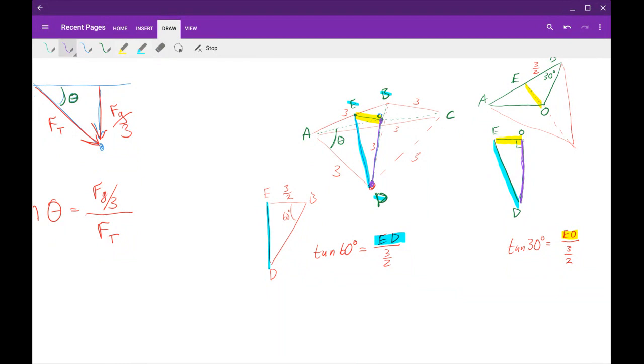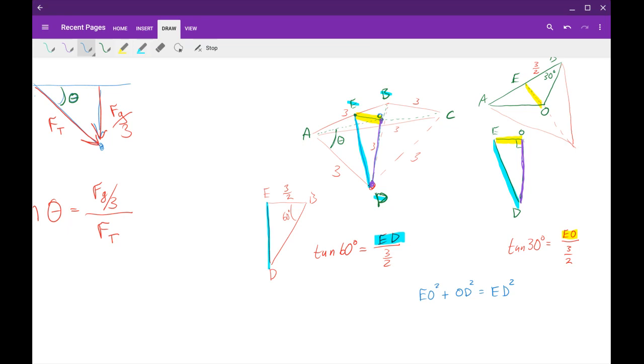And so now with the Pythagorean theorem, I'm going to do this in blue. I'm going to say that EO squared plus OD squared should equal ED squared. ED is 3 tangent of 60 over 2.